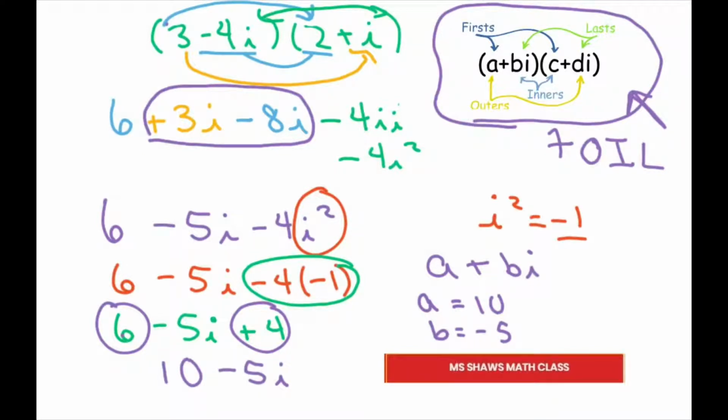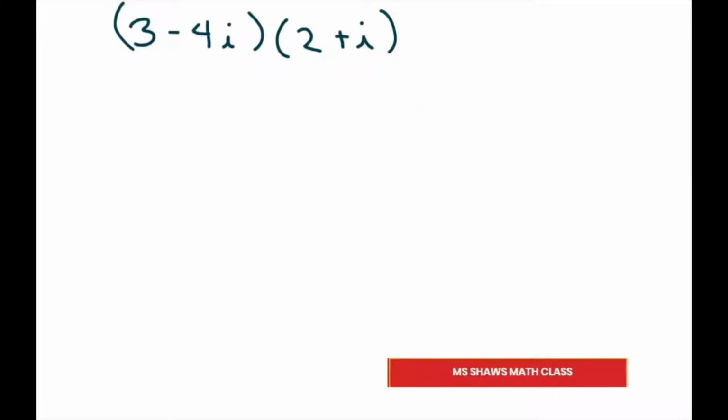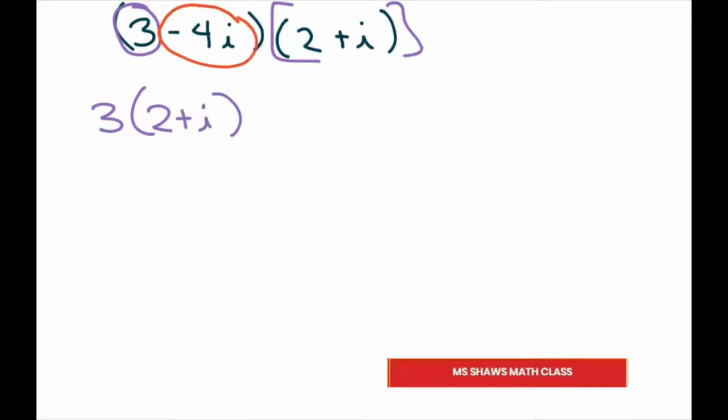So another way is just using the distributive property. And that's what this is. I'll show you that. So distributive property just means you take the first times this. So let's do that. 3 times 2 plus i. Then you take the second component here, minus 4i, times the same thing.